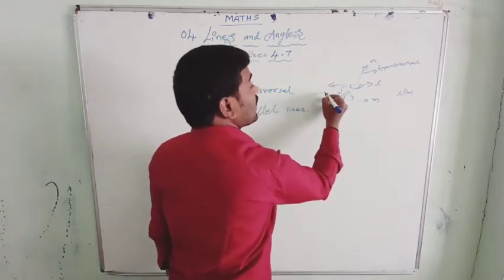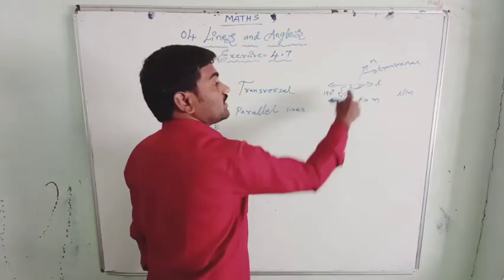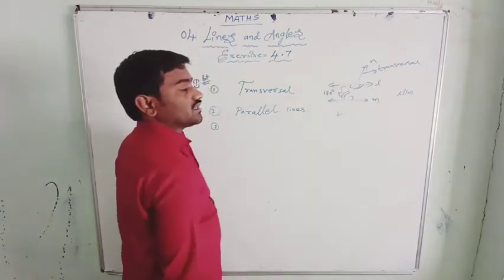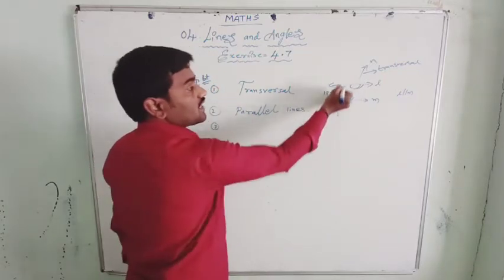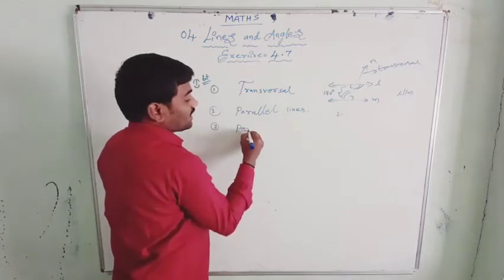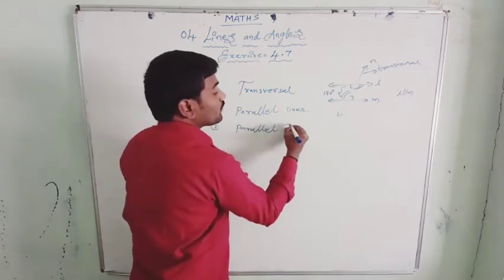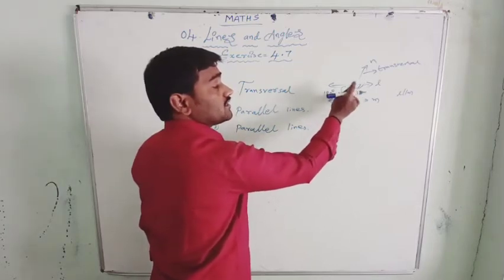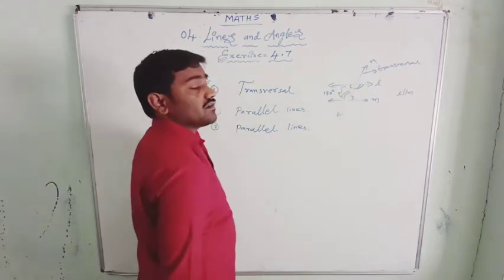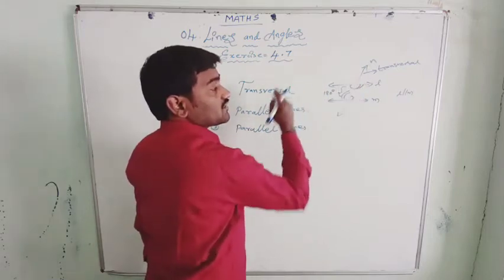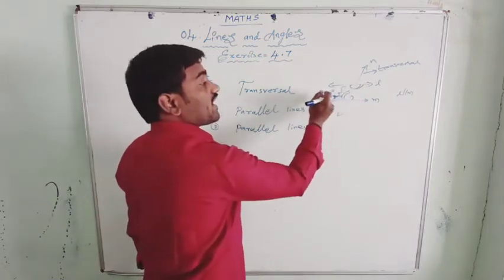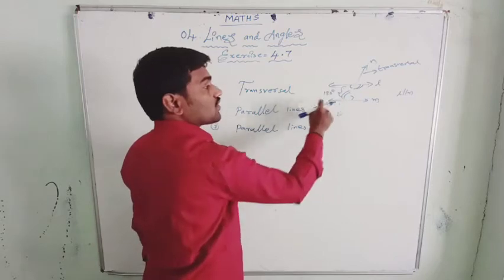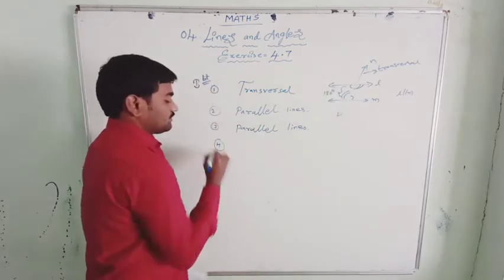Suppose the sum of two angles is 180 degrees, then these lines are called parallel lines again. If the sum of two interior angles on the same side of the transversal is supplementary, or 180 degrees, then these two lines are parallel lines.